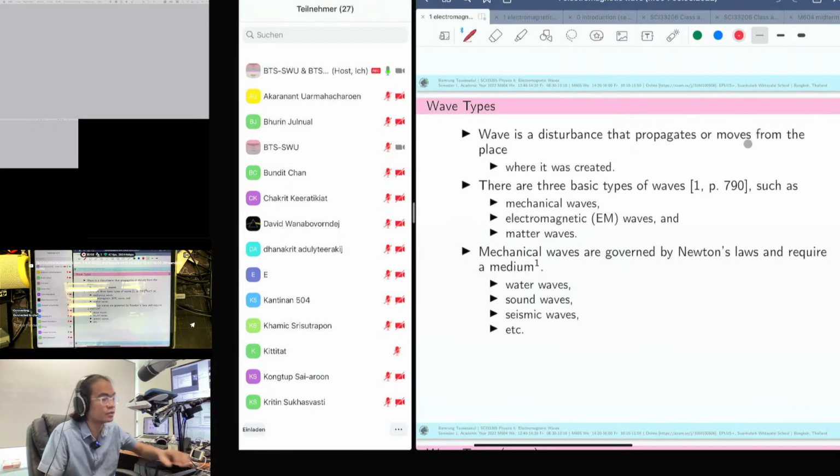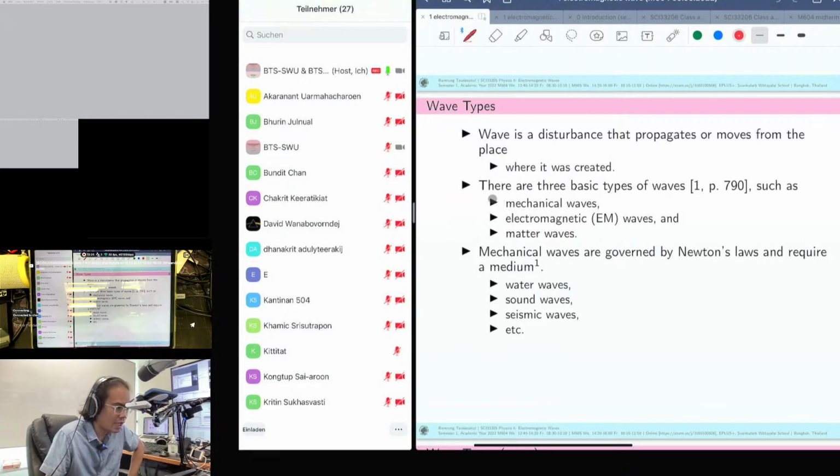Wave is a disturbance, a fluctuation of nature's medium and so on, and it propagates from some place to another place. The place where the wave originates is called the source, and the destination the wave propagates to is called the destination or the receiver.